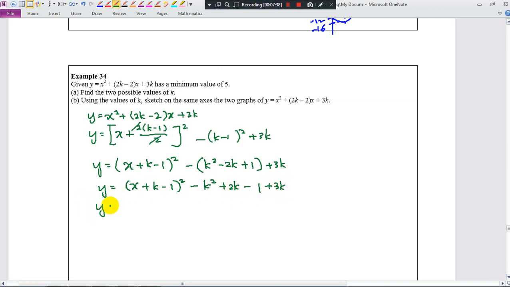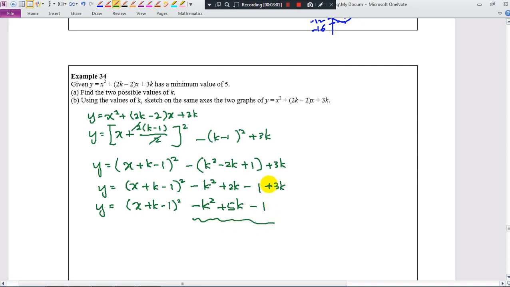To simplify, negative k squared plus 2k plus 3k, you will get 5k minus 1. Hopefully this is correct.